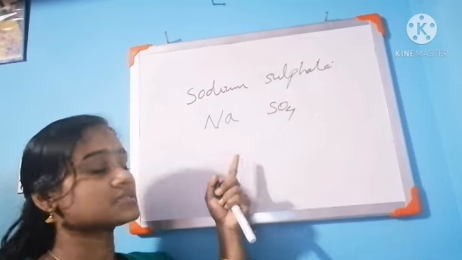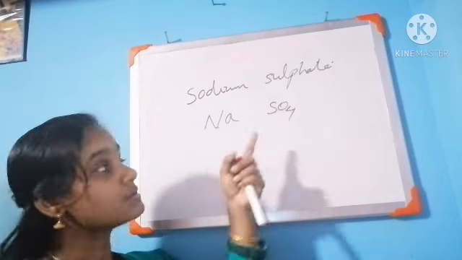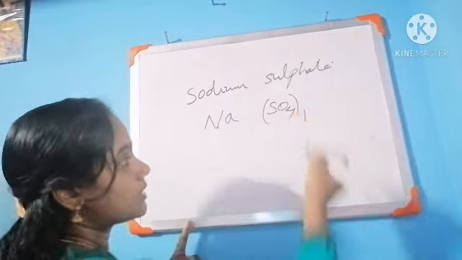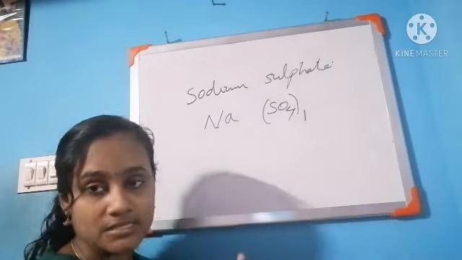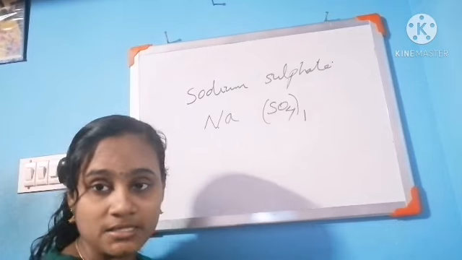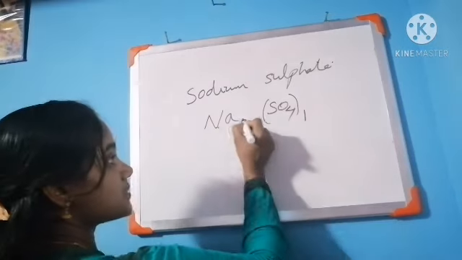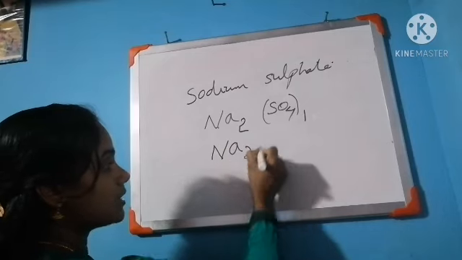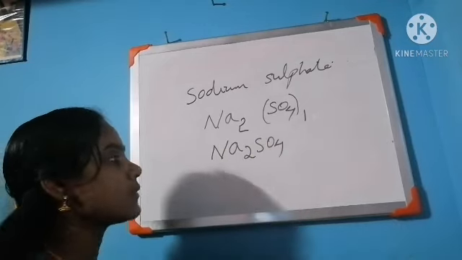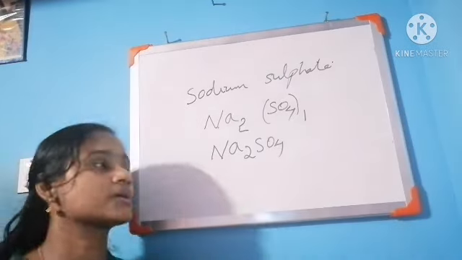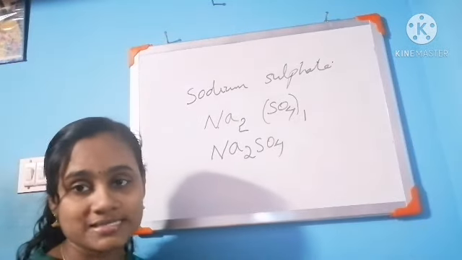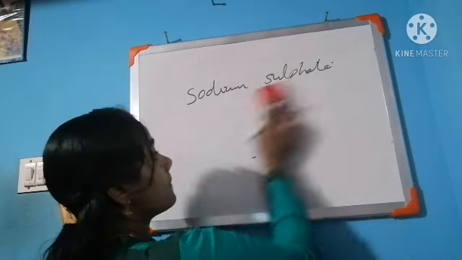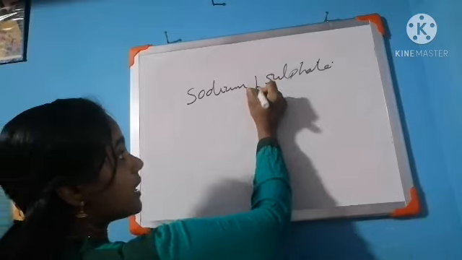We should write under the subscript of sulfate, so put in a bracket 1. Sulfate valency, last class I told what is the valency of sulfate? 2. We should write under the subscript of sodium. So the formula of sodium sulfate is Na2SO4.